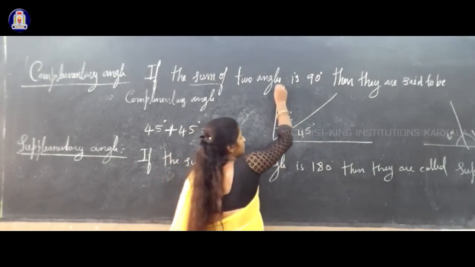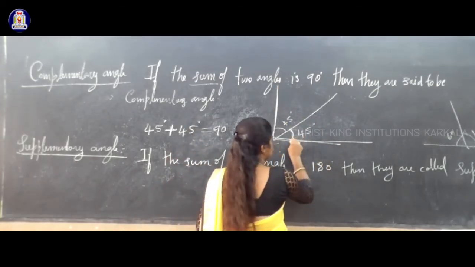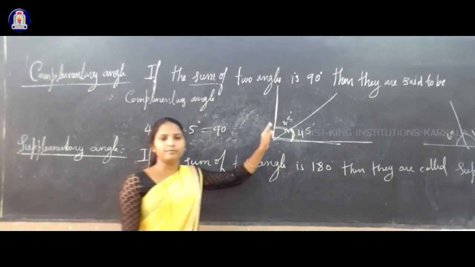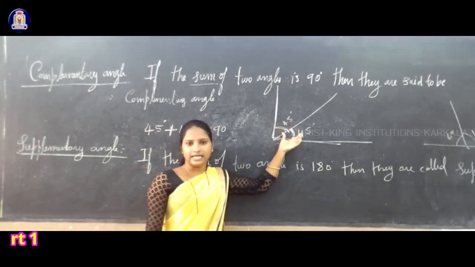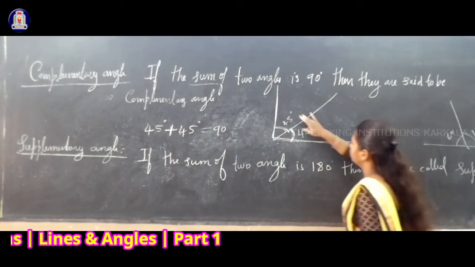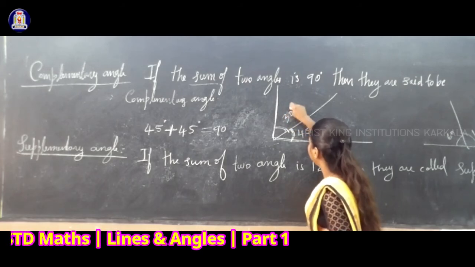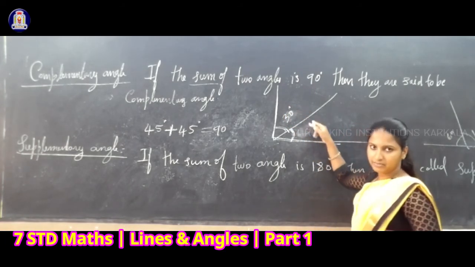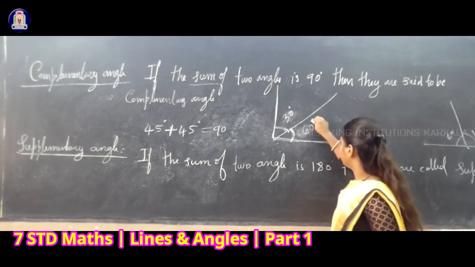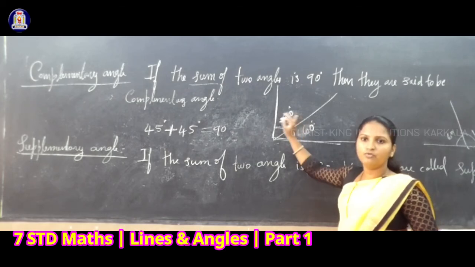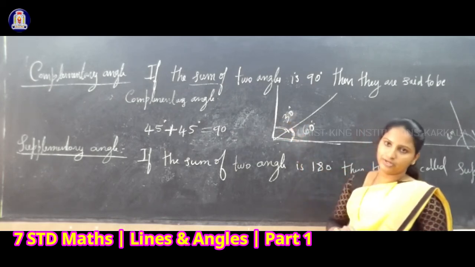So here one angle I consider 45, another angle is also 45. So 45 plus 45 is 90 degree. Clear? For example, if this angle is 30 degree, then another angle is 90 minus 30, which is 60. So 60 plus 30, the sum of two angles, is equal to 90 degree.